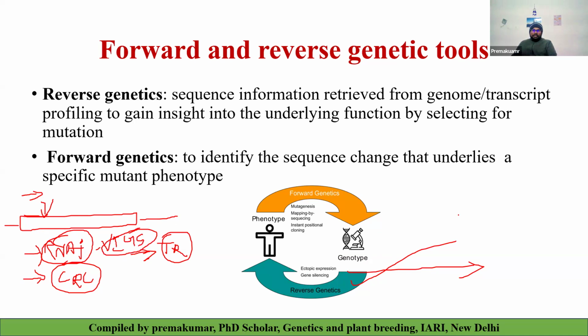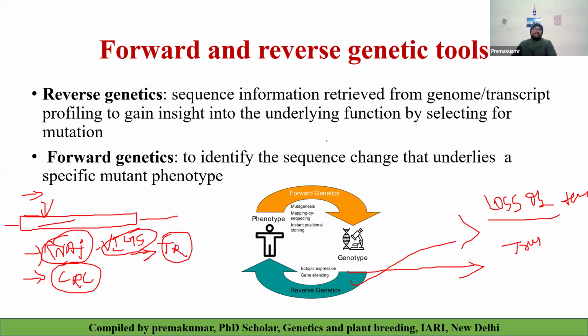All these technologies you told are loss of function mutations. Loss of function means if you silence the gene, there is a loss of function of that gene, so some trait will be missing.